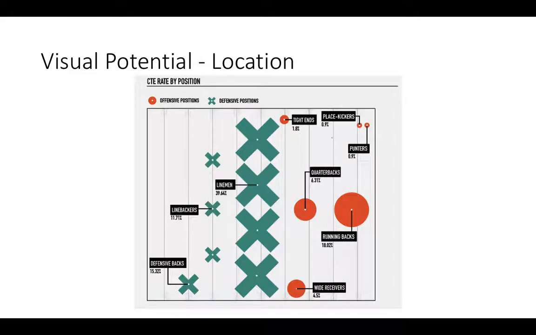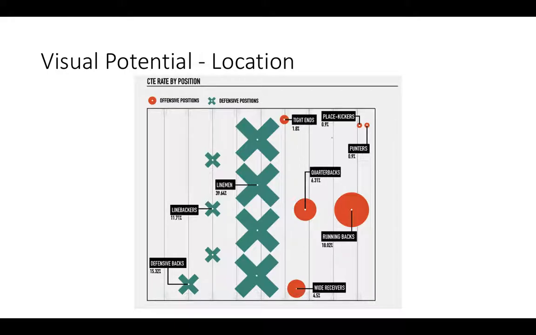So circling back, visual potential, specifically looking at location. So we want to convey information about the location of various football positions. I could have had 11 different small paragraphs discussing what the player does, where they're found on the field, maybe the history of the position, but that wasn't really what I wanted to convey to the users because they have limited time.